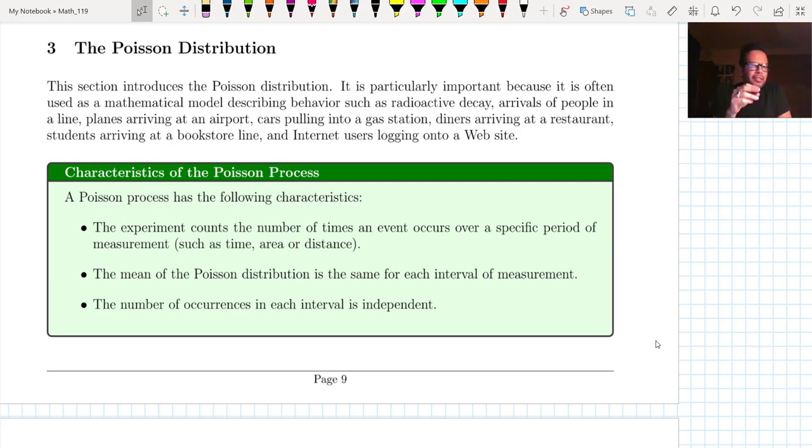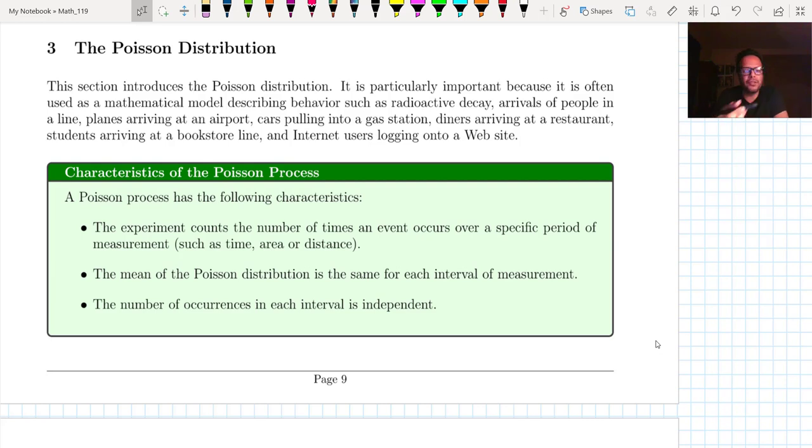So in this case, the Poisson distribution was used as a mathematical model in situations like radioactive decay, how many people arrive at a certain place, the number of airplanes arriving at an airport, how many cars get to a gas station, how many people arrive at a restaurant, how many students arrive at a bookstore, how many users log into a certain website through the internet.